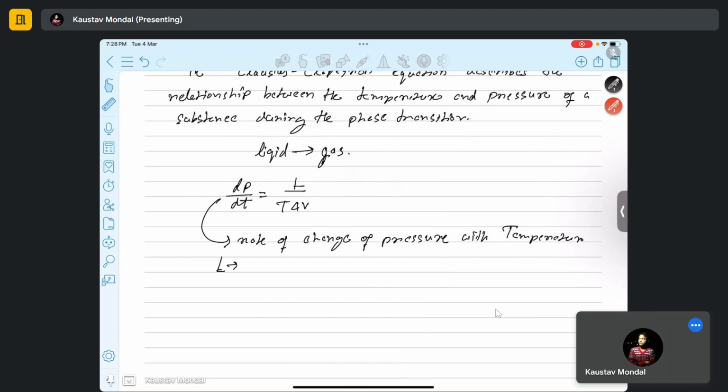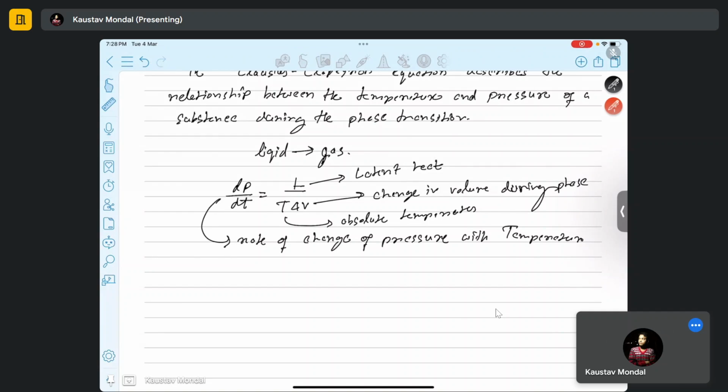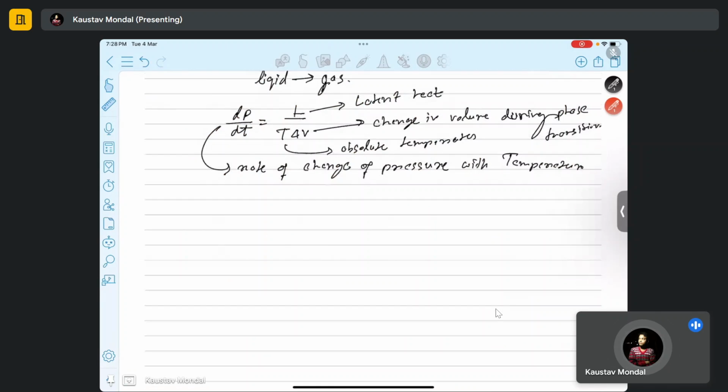L is the latent heat, T is the absolute temperature, and delta V is the change in volume during phase transition. Okay, so these are all the things that are given, dpdt.